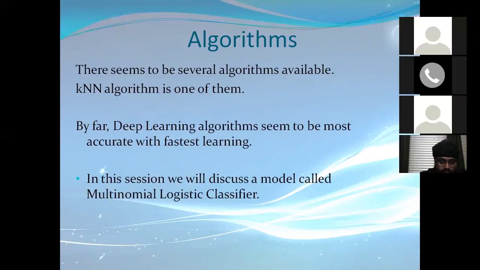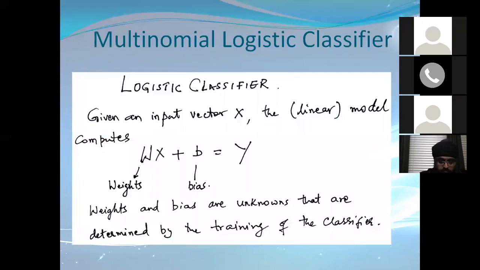So what we'll discuss today is a multinomial logistic classifier. This is just a precursor to the definition of a neural network that will do this. So we'll just go with this model, and in the next session, I plan to actually show you the code that runs this.